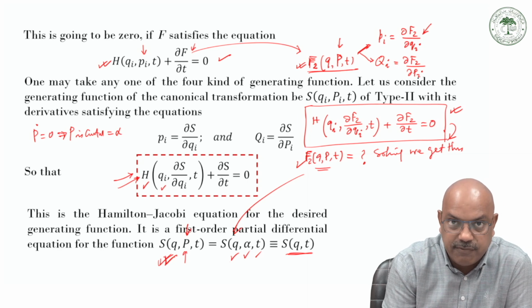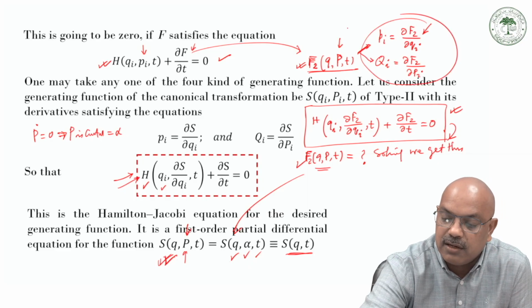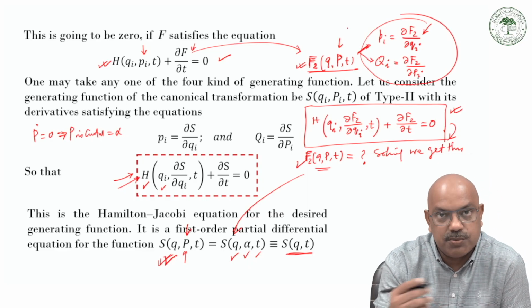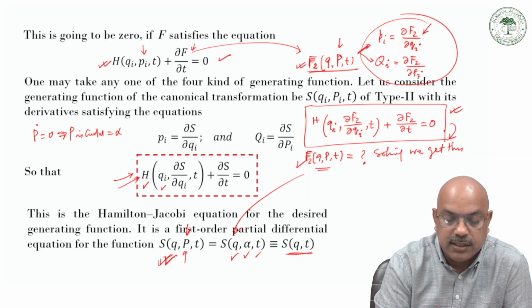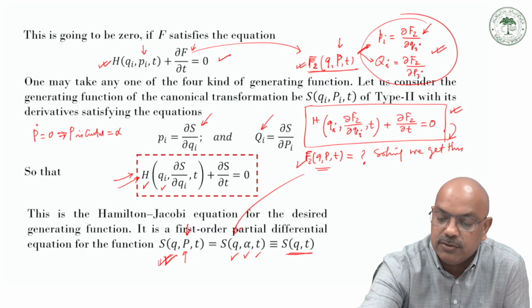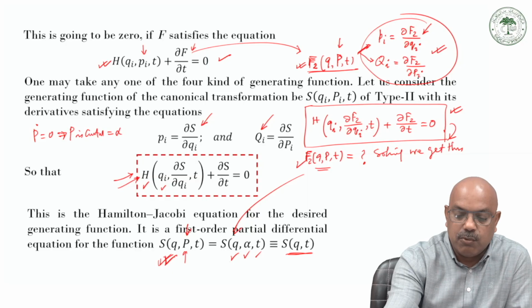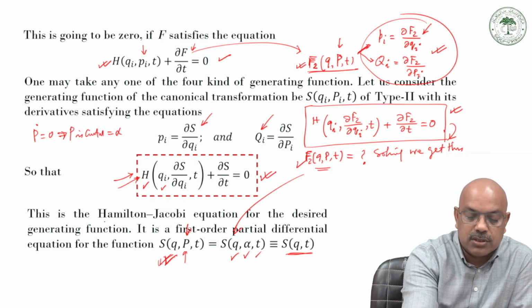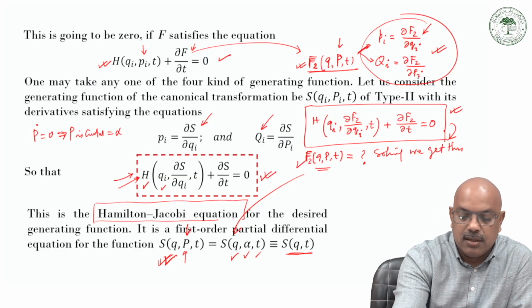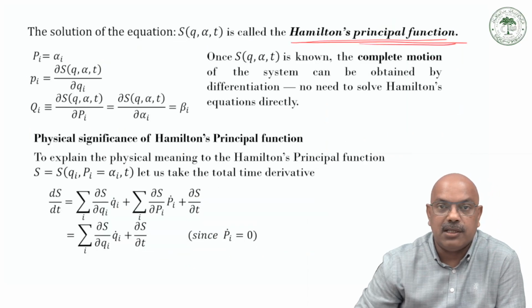If my generating function is now this S, then if you compare with this F2 generating function, it is going to have the corresponding partial derivatives pi and capital Qi, and then this equation is known as the Hamilton-Jacobi equation. This is a first order partial differential equation, and the solution of this is going to give you the S, and that S is known as the Hamilton principal function.